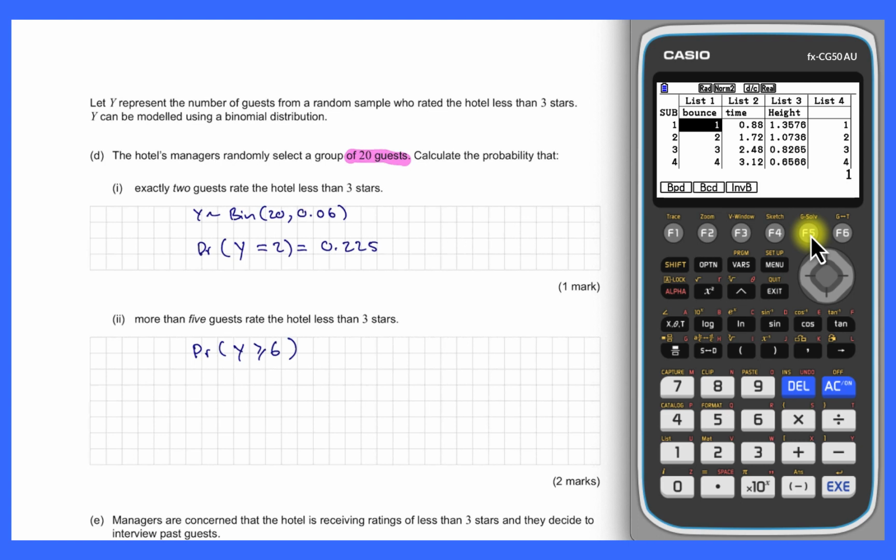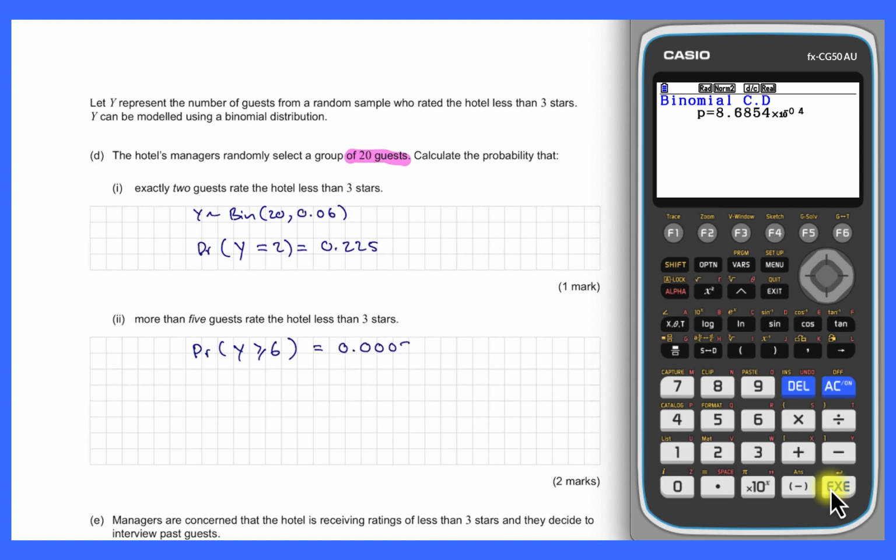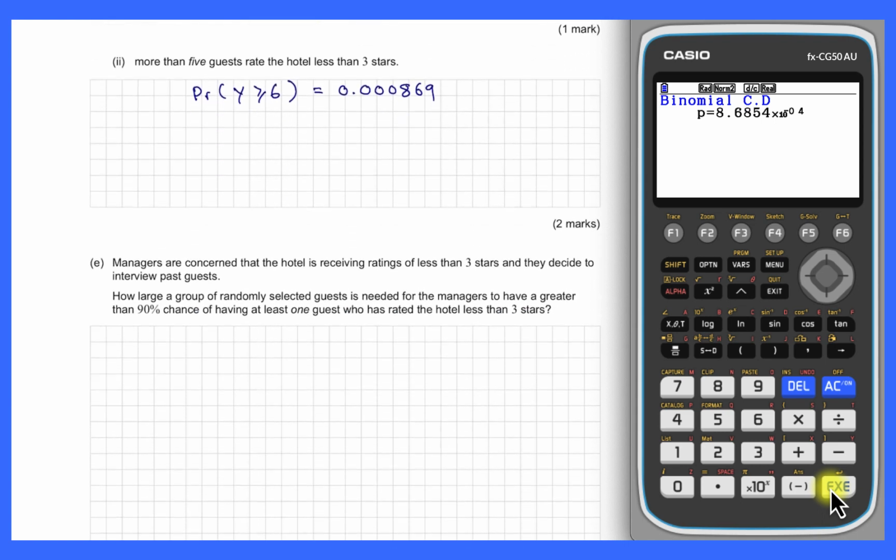Distribution, binomial, cumulative distribution. The values in here are already set n and p wise, but our lower bound will be 6 and our upper bound will be 20. And a very small probability, 0.000869. Okay, now to part E.